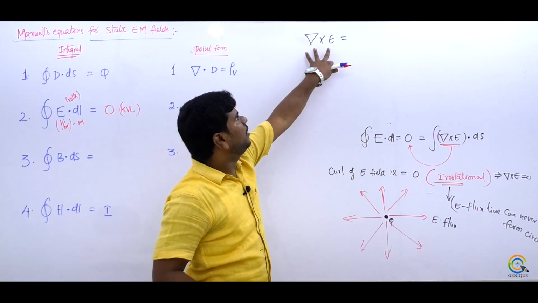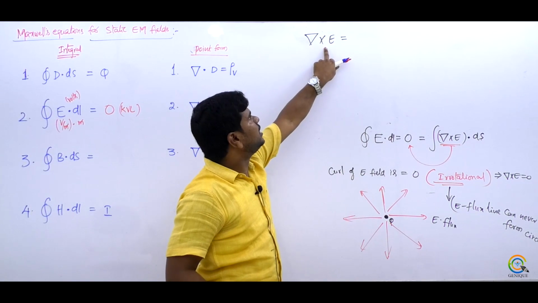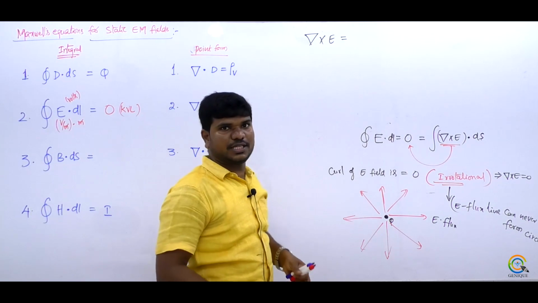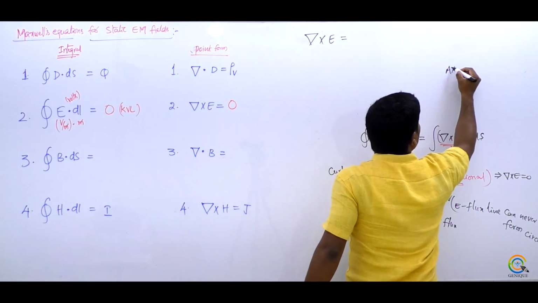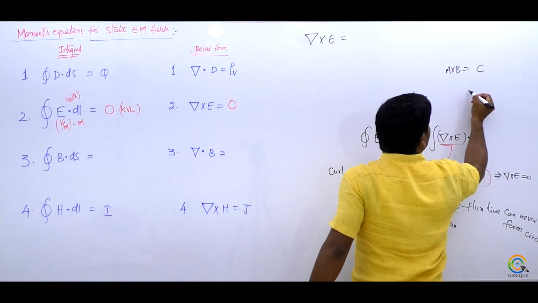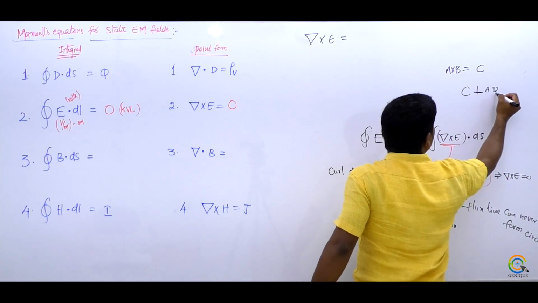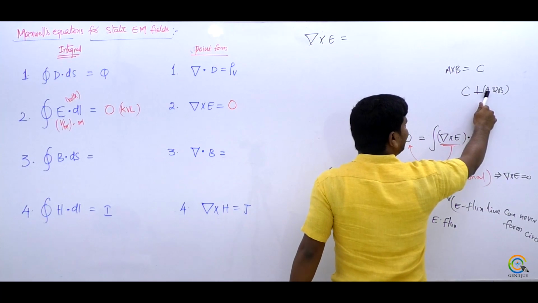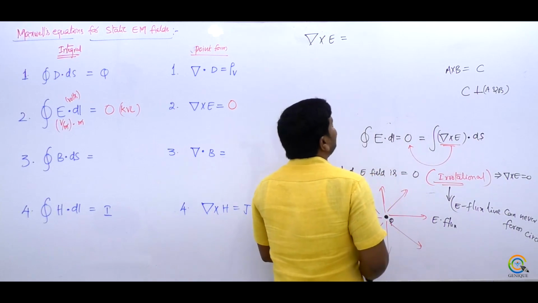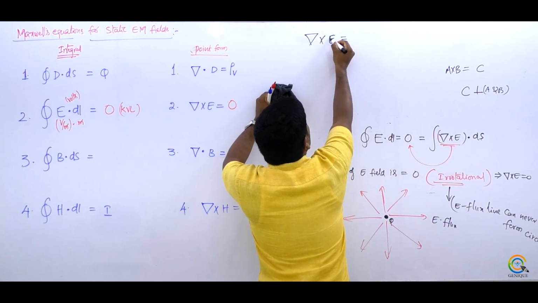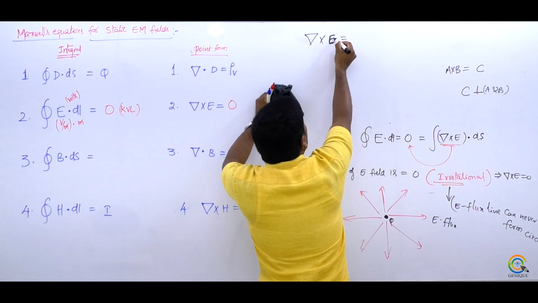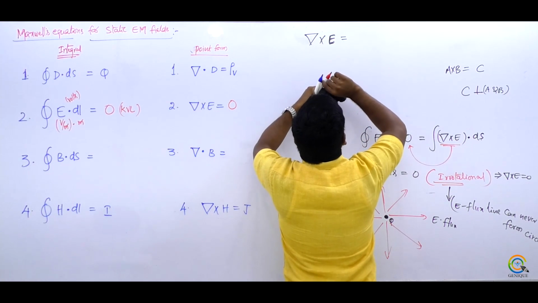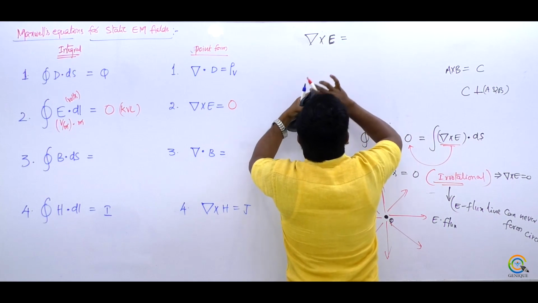What is the meaning of this? You will get a perpendicular result. Suppose you multiply A cross B, you will get C, and this C will be perpendicular to A and B. The result will be perpendicular to both A and B. That means, what is the resultant of this E? The orthogonal variation.